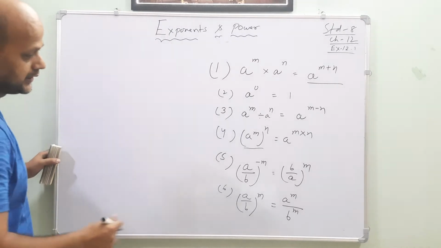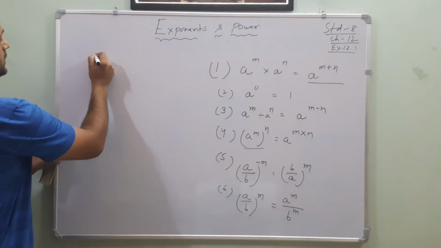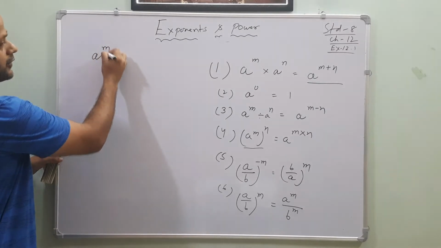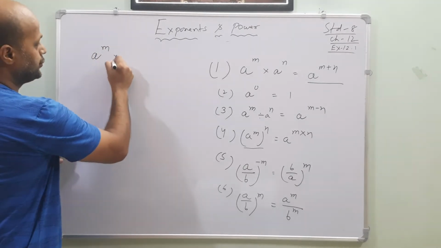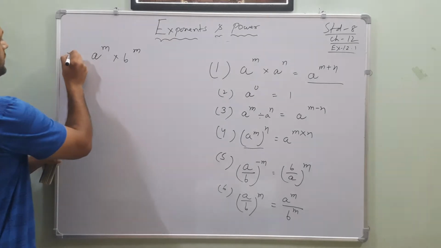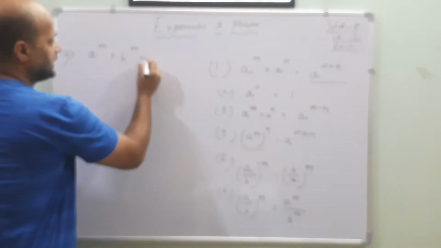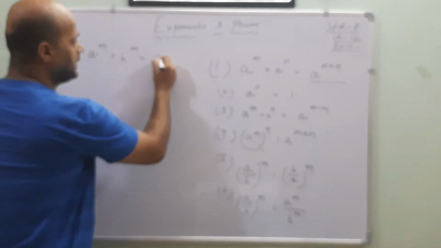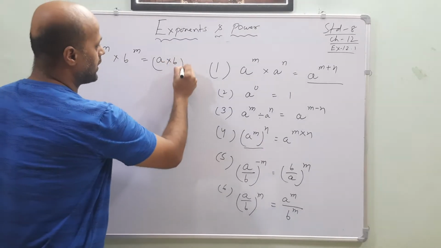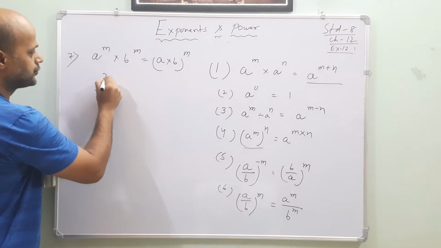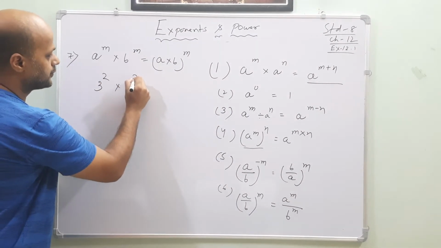Now remember this one, the last one: a power of m into b power of m. It is the seventh rule. Okay, my dear friends. One by one I will tell you. What is the answer? You can write it a into b whole power of m. Example, 3 power of 2 into 2 power of 2.